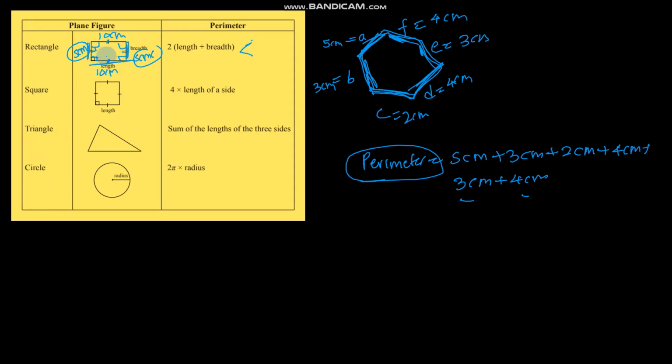As I mentioned, the basics of the perimeter is that the perimeter is equivalent to the addition of all the sides. So when it comes to a rectangle, what are the sides that we have? Let's put a rectangle in here, and as I mentioned, this side is equivalent to this side.